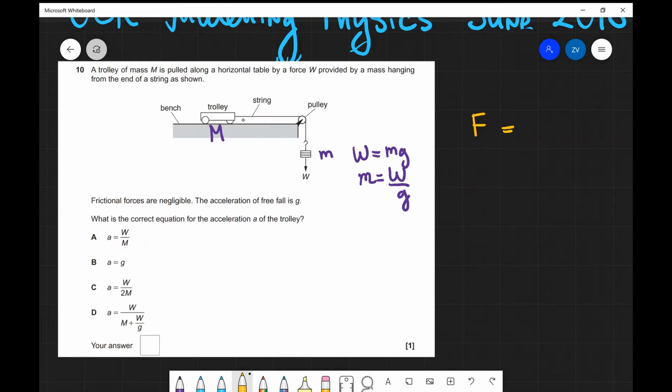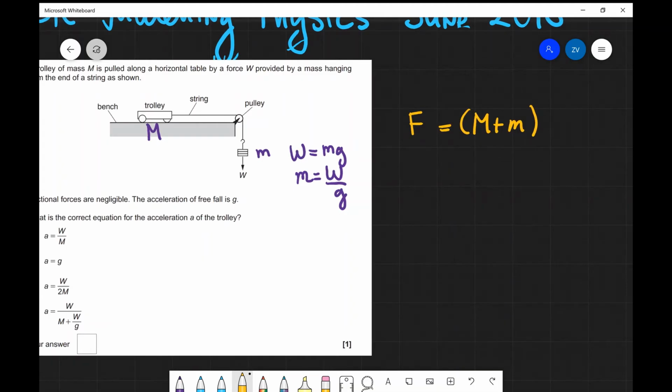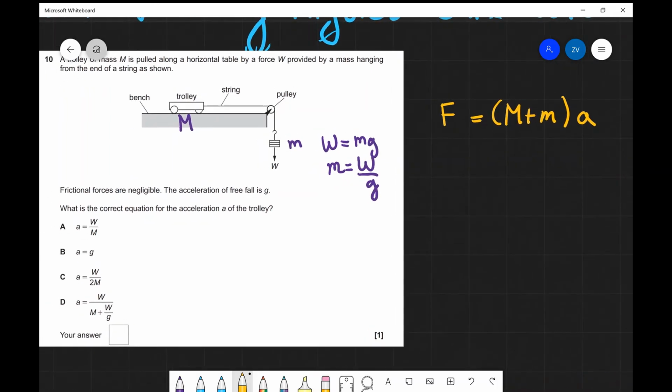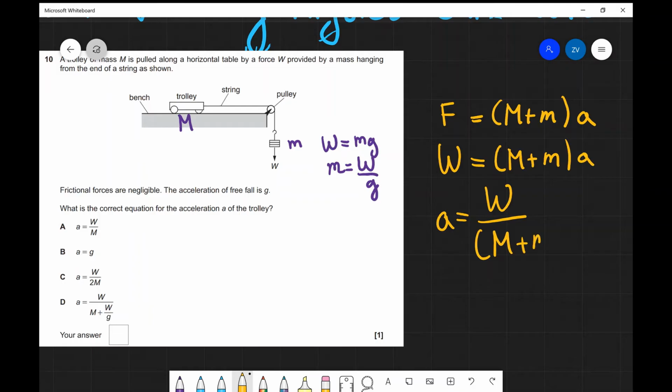So the correct expression is going to be M plus lowercase m, multiplied by the acceleration, equal to F. Now the net force is W, so W is going to equal M plus m times a, so the acceleration is going to be W over M plus m.